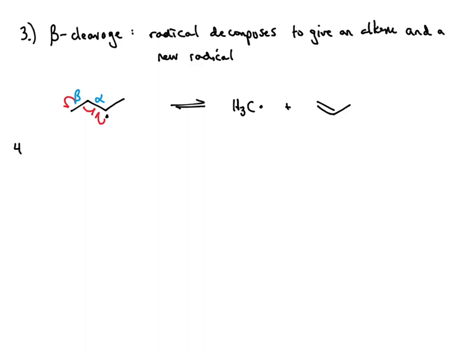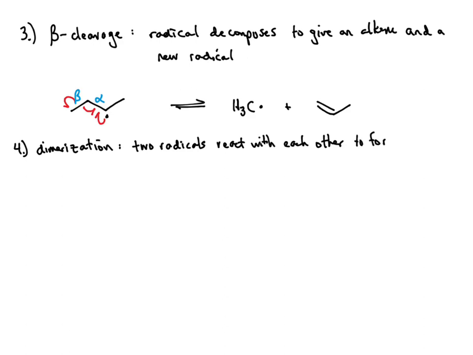Okay, the fourth type of reaction that we have is what's known as a dimerization. As the name implies, this is a process by which two radicals react with each other directly to form a sigma bond.